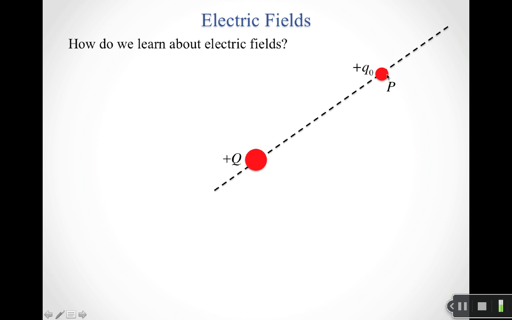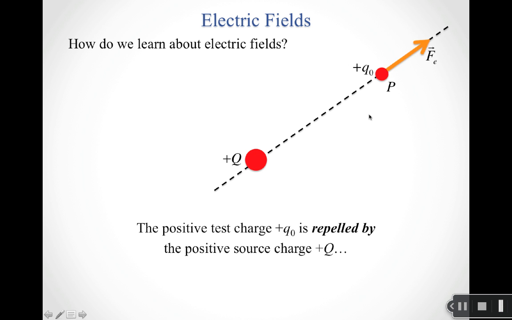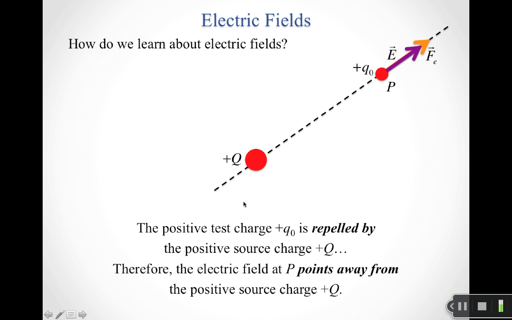All right, so the way that we're going to learn about electric fields is, let's say here's my source charge. Here's my test charge. I put it at the point P where I'm interested in the electric field. I know that my positive test charge will be repelled by my positive source charge, so it's going to feel an electric force that points away from the source charge, which tells me that the electric field has to point away from the source charge.